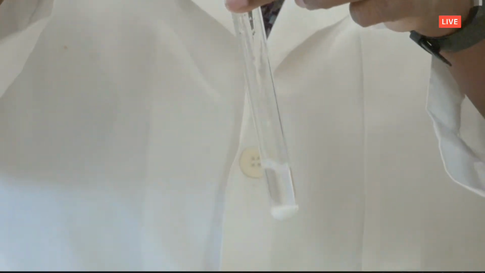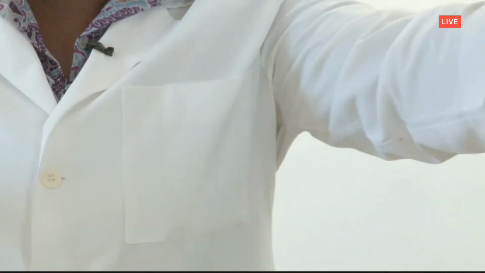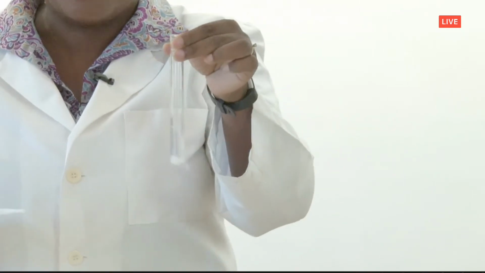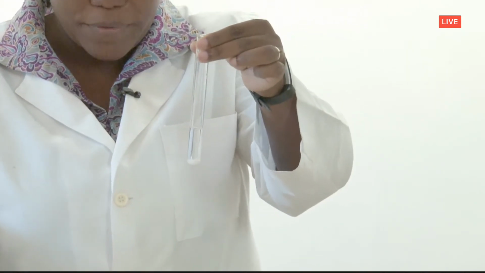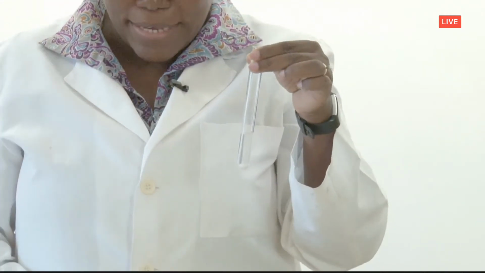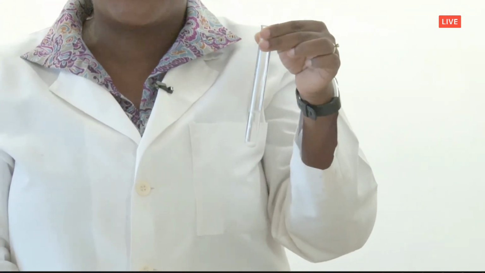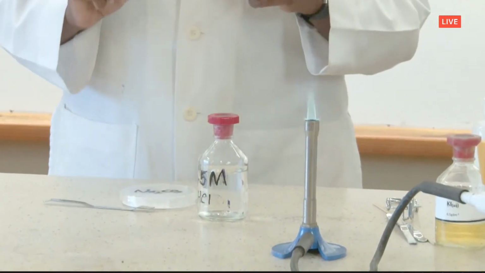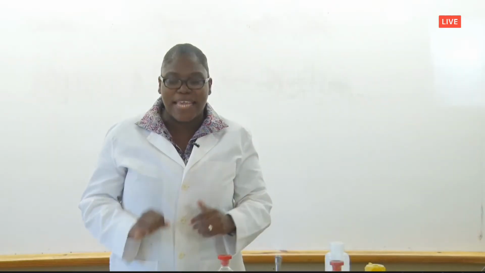Yeah, it looks like it needs some more. Oh, yeah, now we're talking. Yeah, now we're doing some chemistry. Oh, it's making spills and thrills. All right, good. So what is happening in here? The sodium carbonate is reacting with the hydrochloric acid to form sodium chloride, water, and carbon dioxide gas.